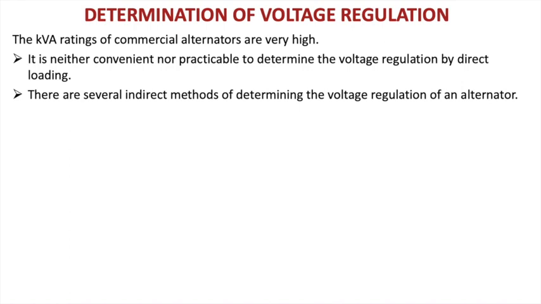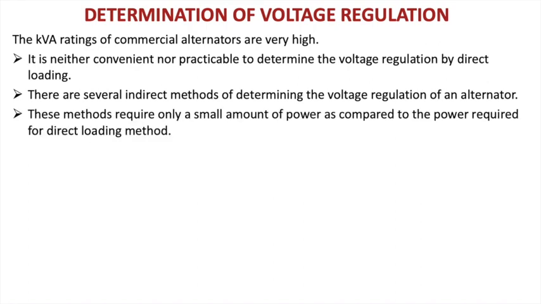These methods require only a small amount of power compared to direct loading, because suppose you have an alternator of 1000 kVA, you would have to connect a load of 1000 kW so that the voltage regulation can be observed. That is not practically possible, so indirectly we try to calculate the voltage regulation.